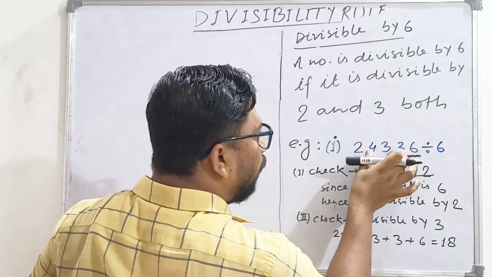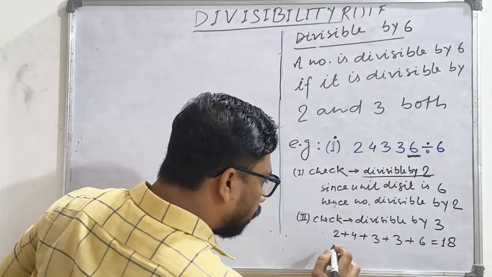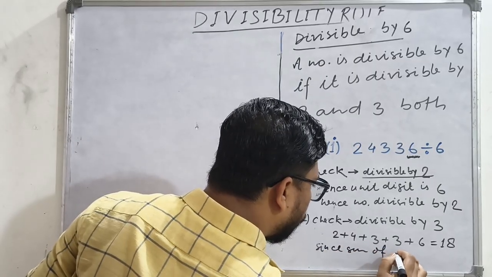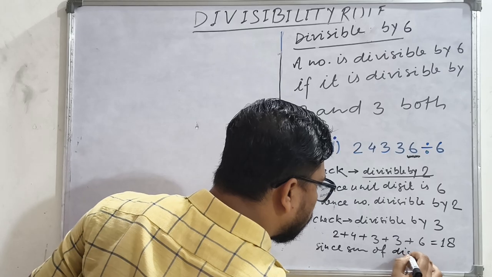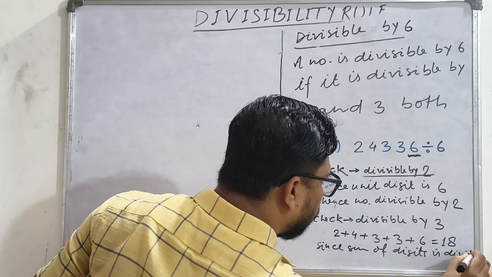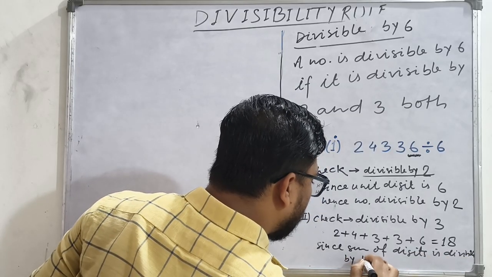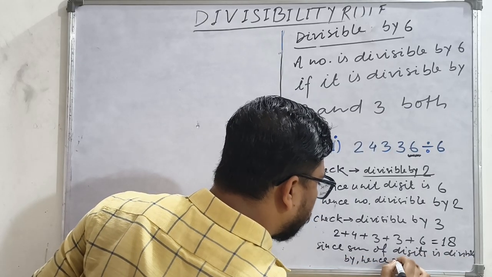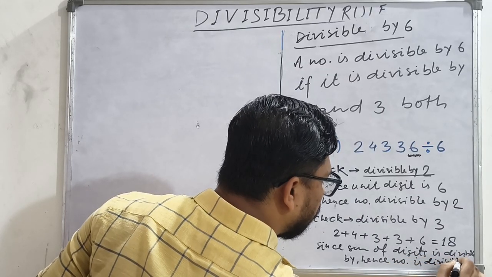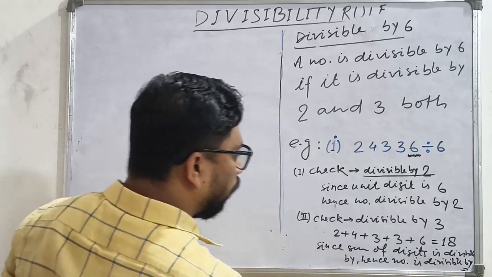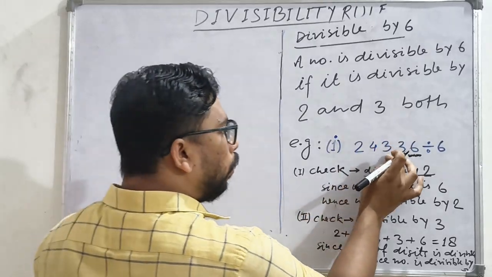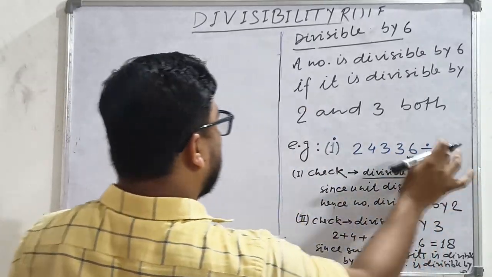Since the sum of the digits is divisible by 3, hence the number is divisible by 3. Therefore the whole number 24336 is divisible by 6.